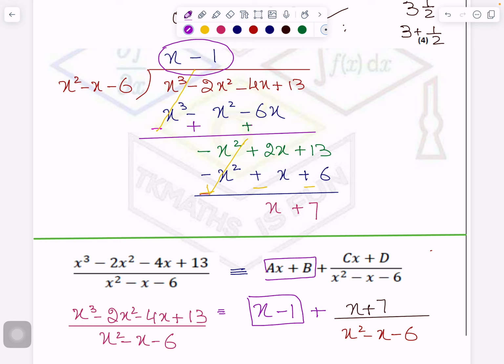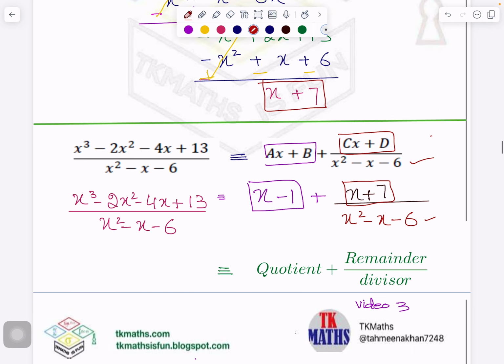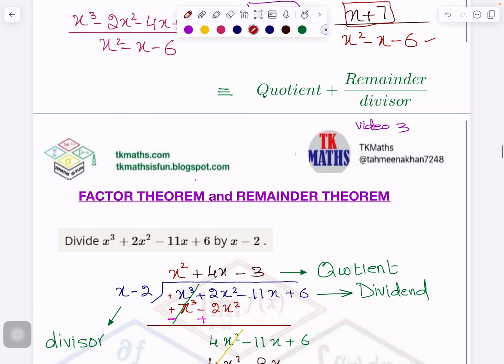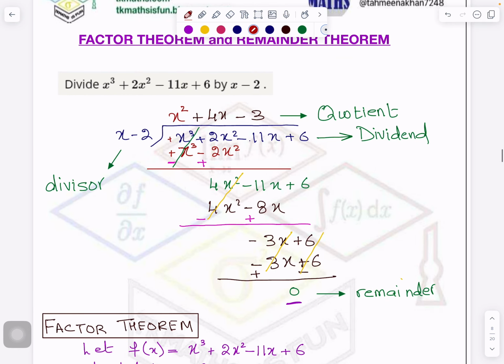Then this is my remainder, which I have written here in this form, and definitely the denominator is my divisor. So this is an important fact and you have to remember this. So let's continue with the factor theorem.